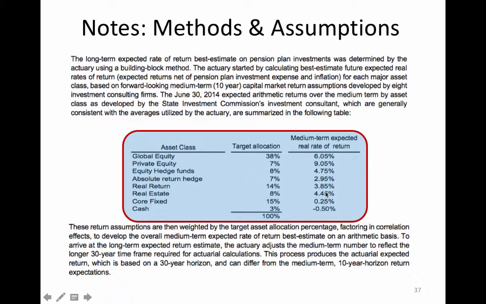So this is not just saying we chose 7.5%, but they really have to explain how they arrived at 7.5%. And a part of that is building up to that by showing you, for each of these parts, here's how big a portion of their portfolio is in these different types of assets, different types of investments. Here's for each of these what we are expecting the rate of return to be.